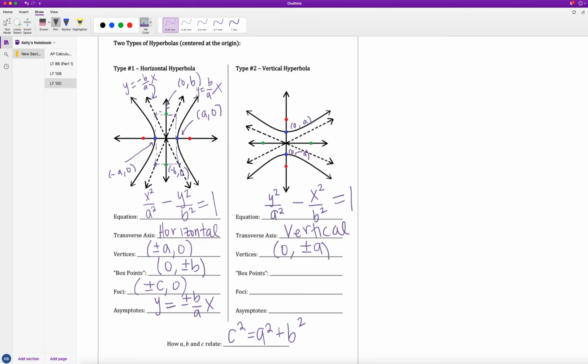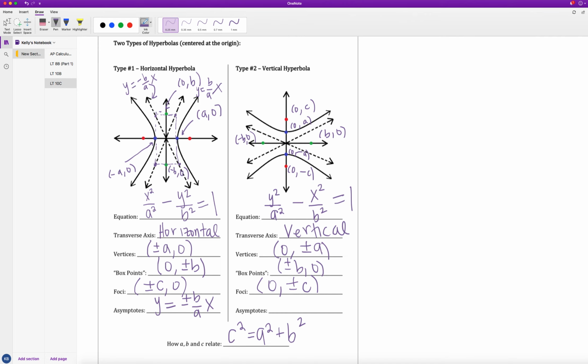My box points are these green points again, and they're at x-intercepts, so they're at b, comma 0, and negative b, comma 0. And then the foci are again my red points up here, so they are y-intercepts, since this is a vertical hyperbola, so they are at 0, comma plus or minus c.